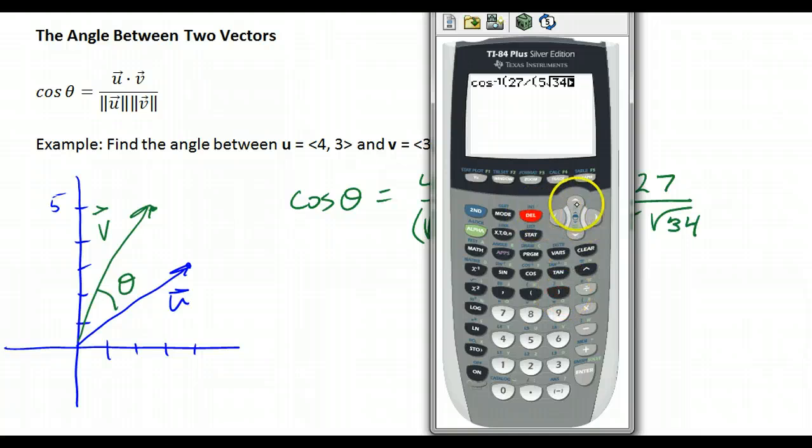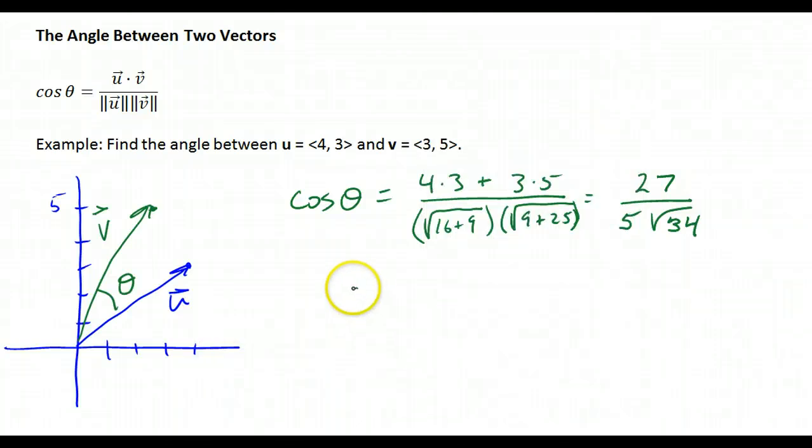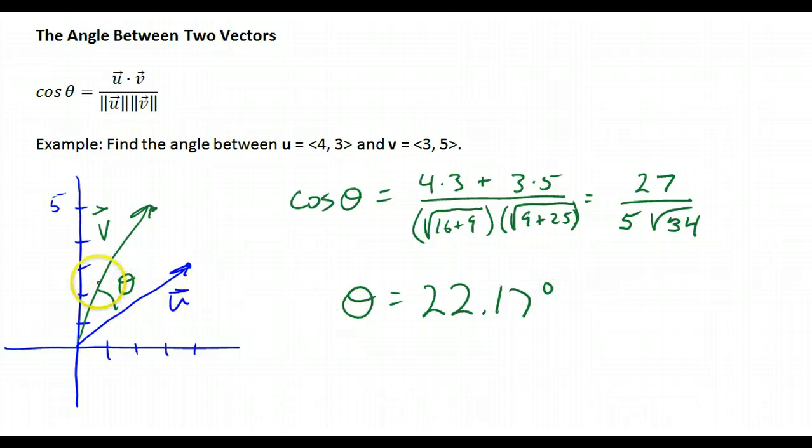Well, let's delete that. Let's arrow out from underneath the square root. There we go. Close parentheses, and then close parentheses for the inverse cosine. And in degree mode, that's 22.17 degrees. So theta is equal to 22.17 degrees. That's the angle between vector u and vector v.